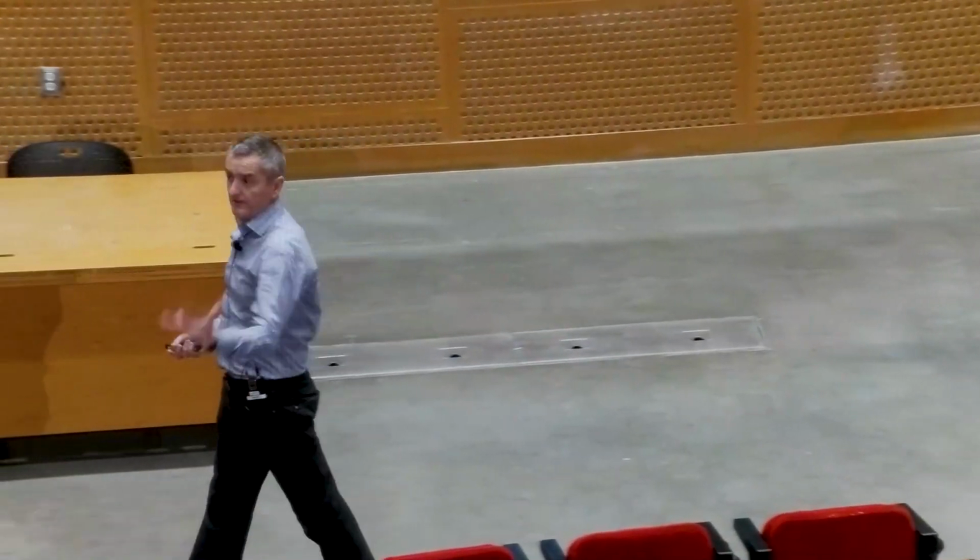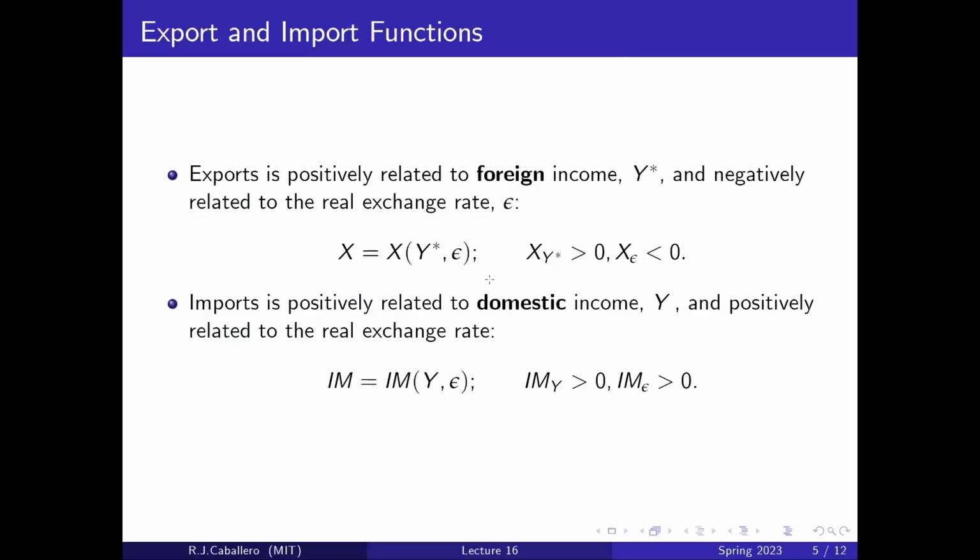No? They're going to scale up their consumption, and they're going to consume from both places. So imports is an increasing function of domestic output. What about the real exchange rate here? Well, imports are an increasing function of the real exchange rate.